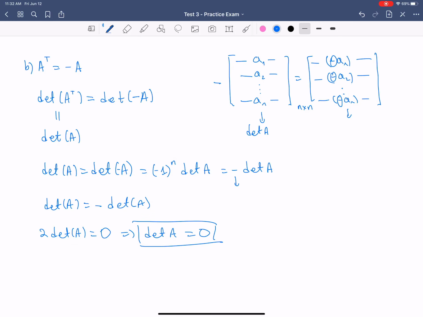So this minus here follows from the fact that n is odd. If n is even, then you have determinant of A equals determinant of A. That doesn't tell you much. But here, when n is odd, it does tell you quite a bit.